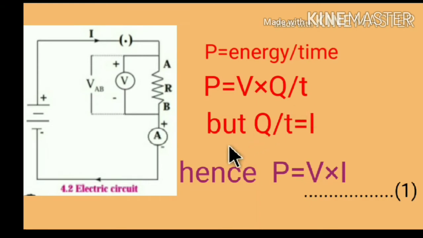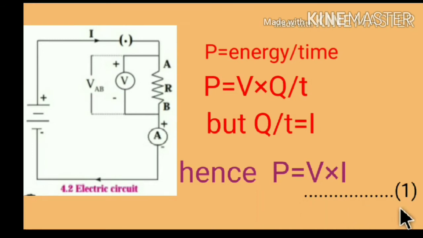But in the equation of current, current is equal to Q upon t. Hence Q upon t is equal to I, so we write I in place of Q upon t. Hence P is equal to V into I. That is the first equation.